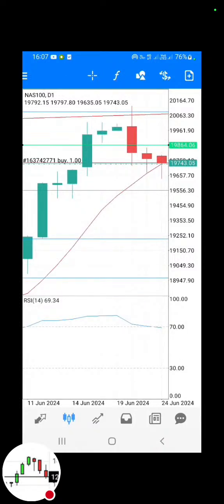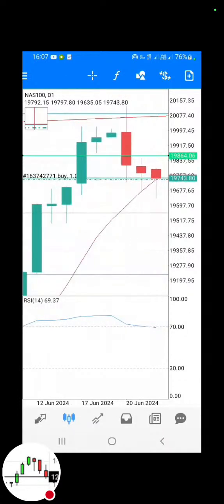So we will try to reach at least this level, which is a very important Fibonacci level. This level is going to be a buyer's area.